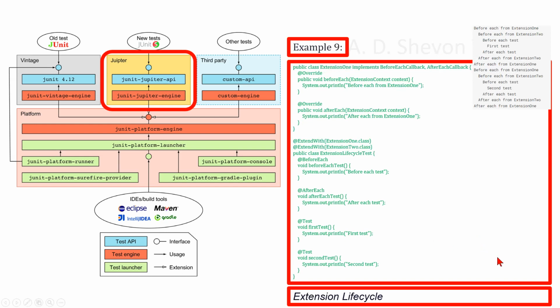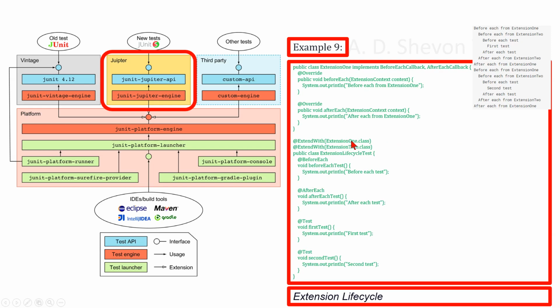Extension lifecycle. When using extensions, JUnit calls extension lifecycle callbacks in addition to lifecycle methods in the test class. JUnit guarantees wrapping behavior for multiple registered extensions.